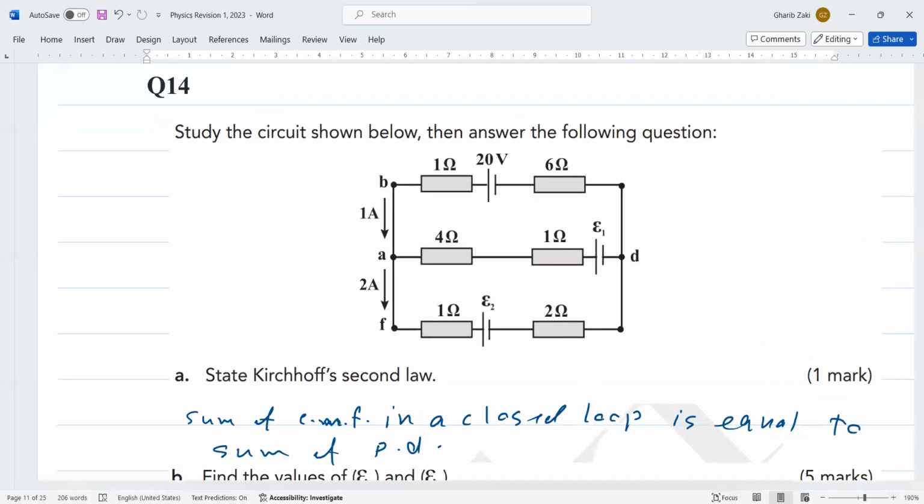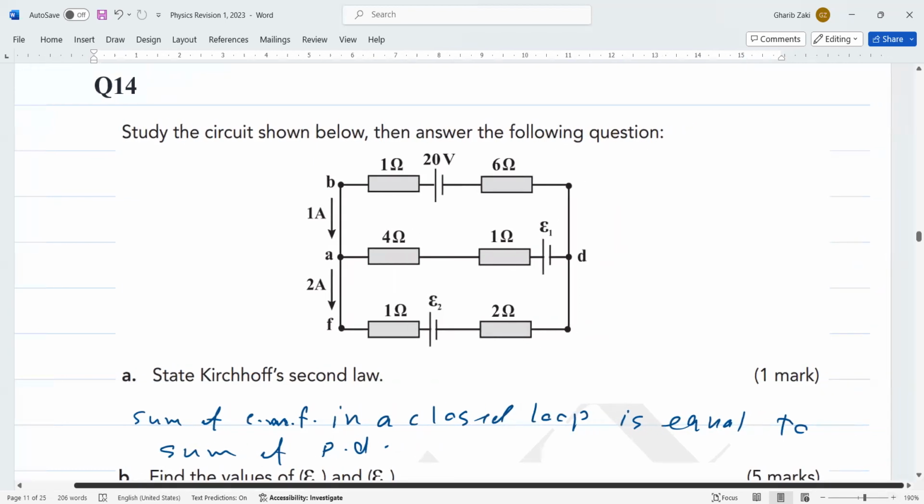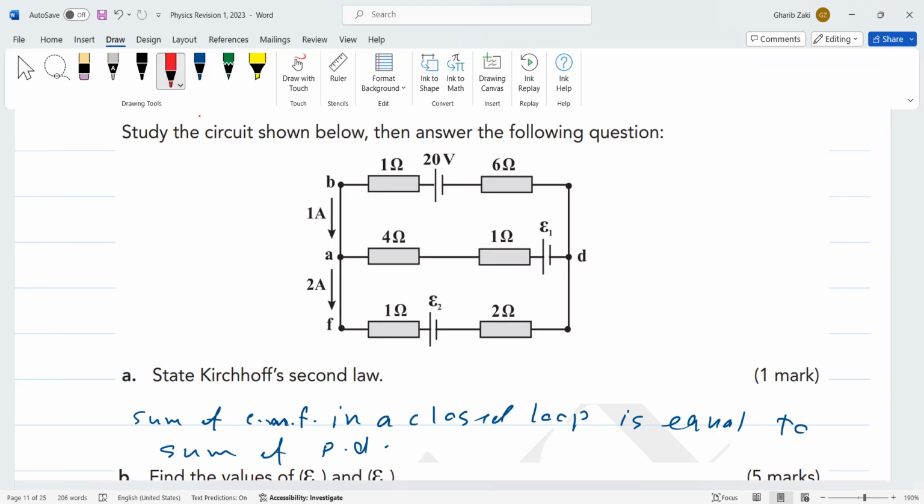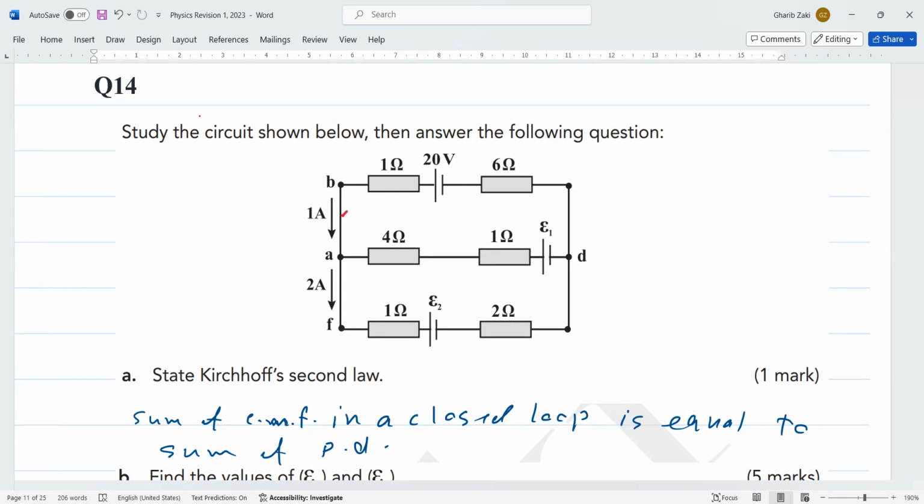First, we start with Kirchhoff's first law because it's easier. This is the direction of the current. It's 1 ampere. And this is the direction here, it's 2 ampere. So the current in is 1 and the current out at junction A is 2. Then in this branch the current must be in, because the current in, 1 ampere, is less than the current out. So let the current in this branch be I. So we can get the value of I. How?